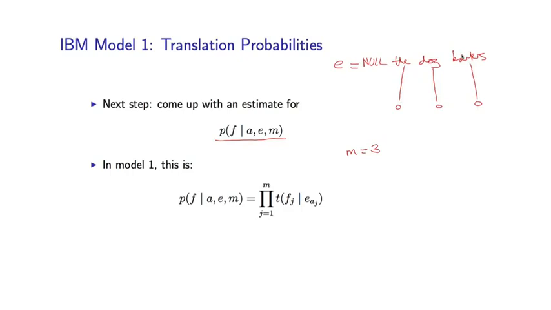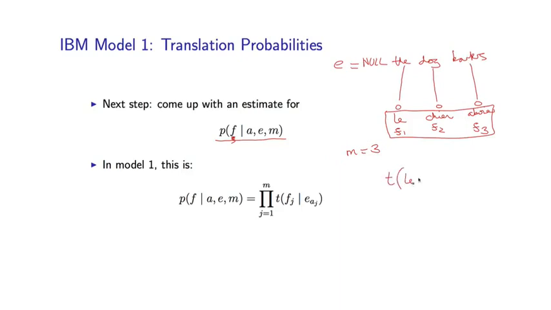Okay. So how do we calculate the distribution over possible French sentences? And let me give a particular example. Let's assume that we have, so this is F1, this is F2, and then finally we have F3. So how do we calculate the conditional probability of this particular French sentence, where we're conditioning on the entire English sentence, the alignment, and the length of the French sentence? So in this particular case, it's going to be the product of three terms.